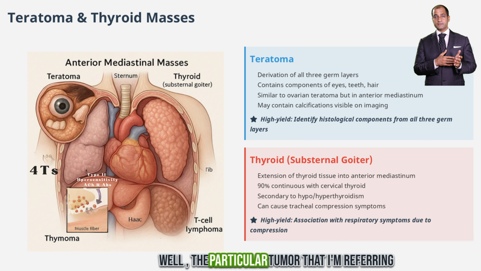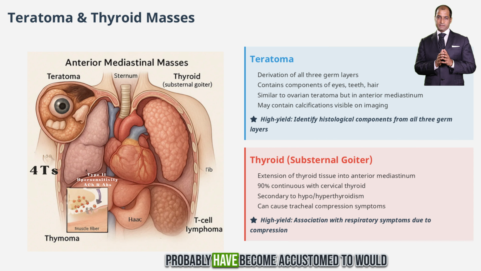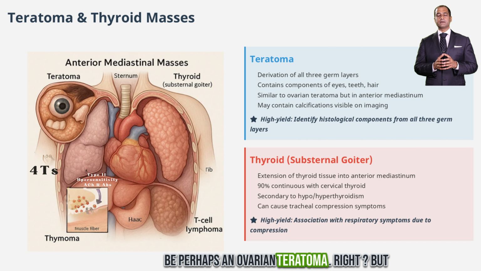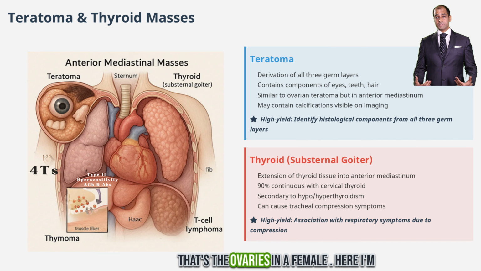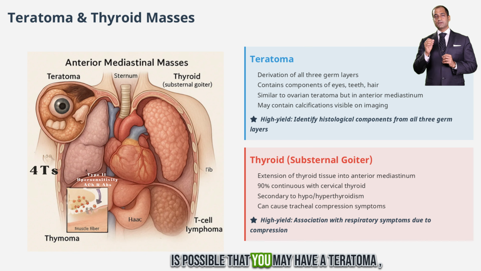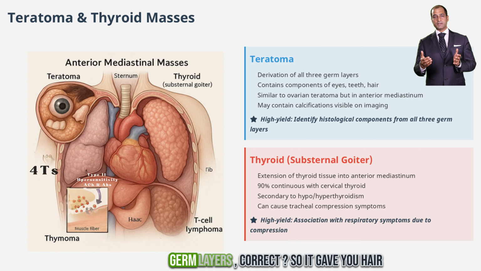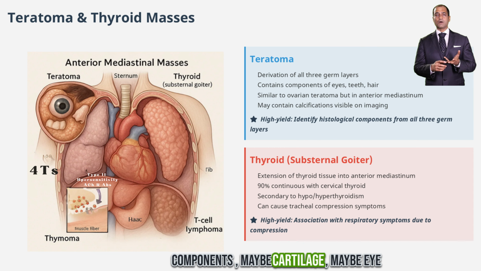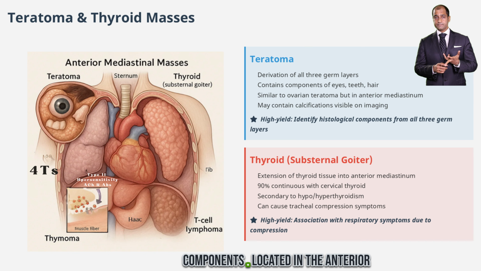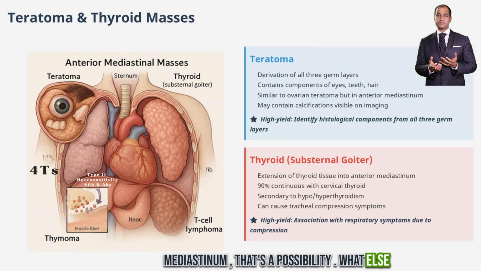Well, the particular tumor that I'm referring to, and the most common presentation you've probably become accustomed to, would be perhaps an ovarian teratoma, right? But that's the ovaries in a female. Here I'm talking about the anterior mediastinum. So it is possible that you may have a teratoma. Remember, teratoma, a derivation of all 3 germ layers, correct? So I gave you hair components, maybe cartilage, maybe eye components, located in the anterior mediastinum.